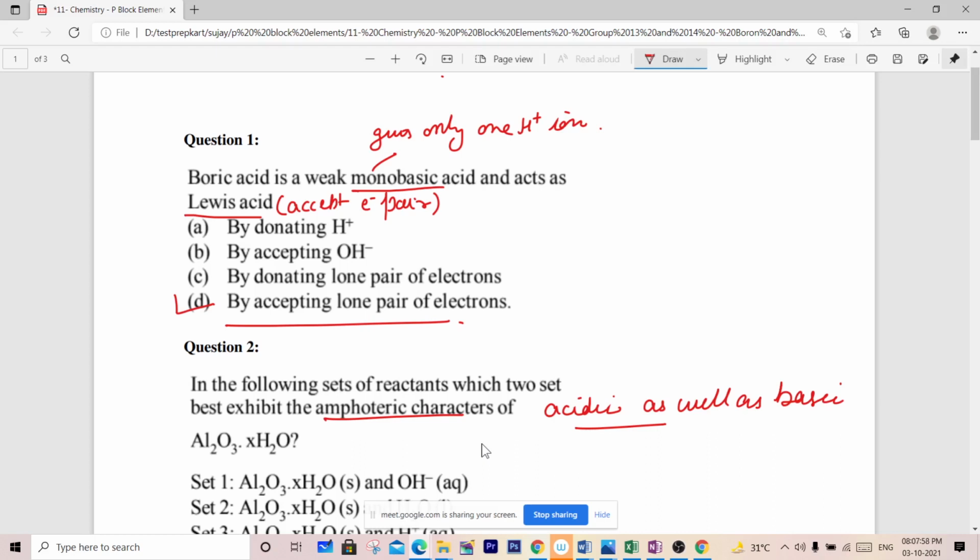Got it. So basically, boric acid is a weak monobasic acid and acts as a Lewis acid by accepting a lone pair of electrons. Could you describe that one more time?